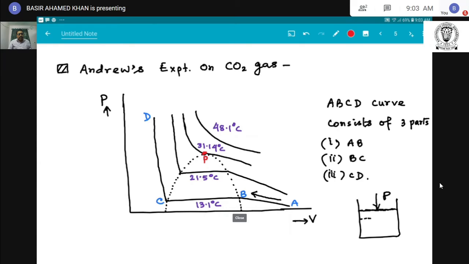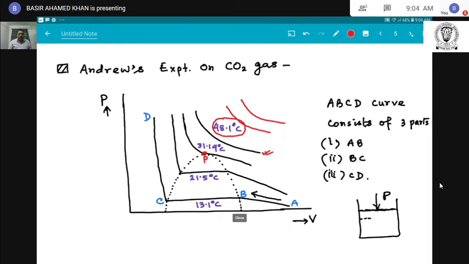Above this temperature, that means for 48.1 degrees centigrade, the horizontal portion is absent in all the isothermals greater than the temperature of 31.14 degrees centigrade.